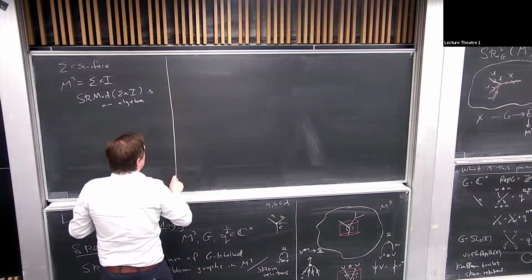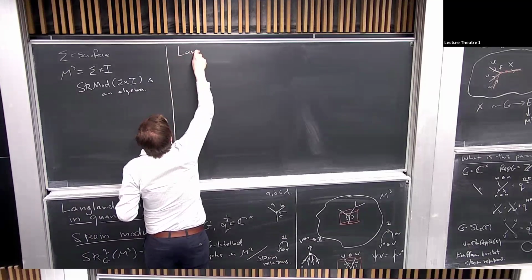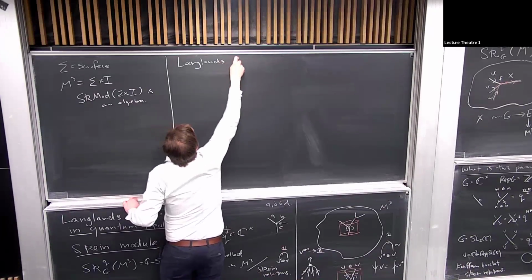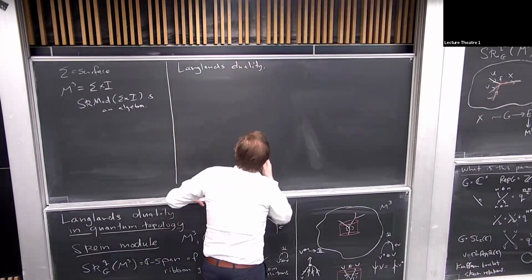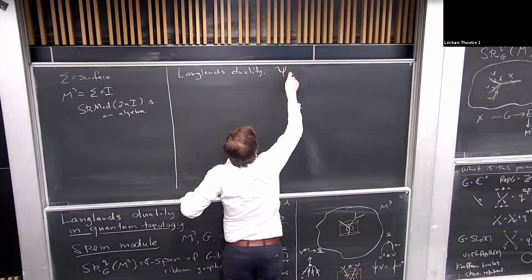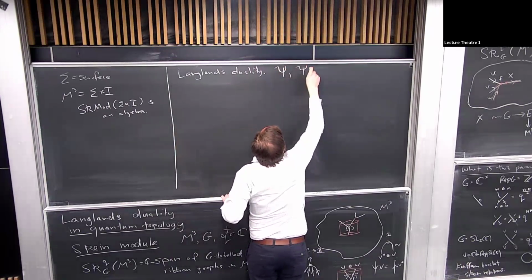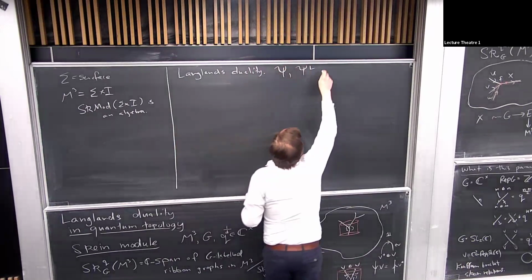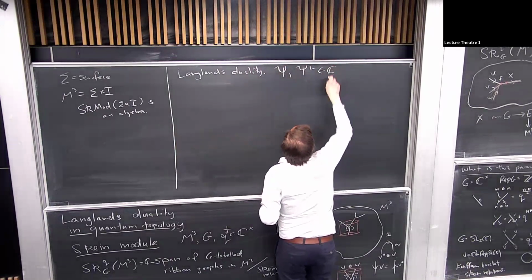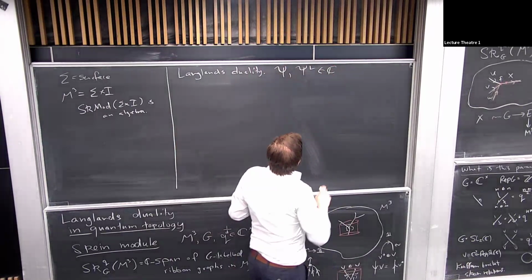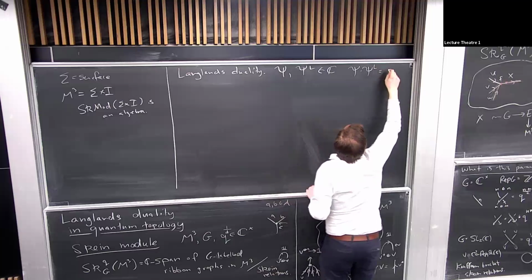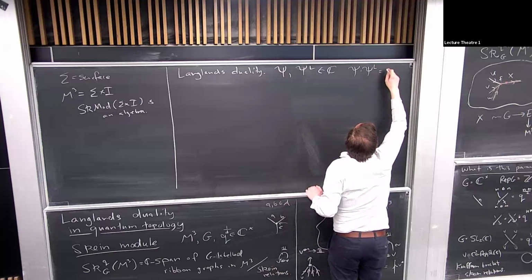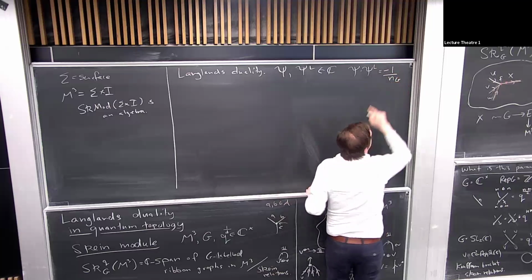Okay, so, Langlands duality. What I want to do is pick a parameter psi and another parameter called psi^L. These are just complex parameters. And I'm going to assume that psi times psi^L is basically -1, but actually -1 over something called the lacing number.